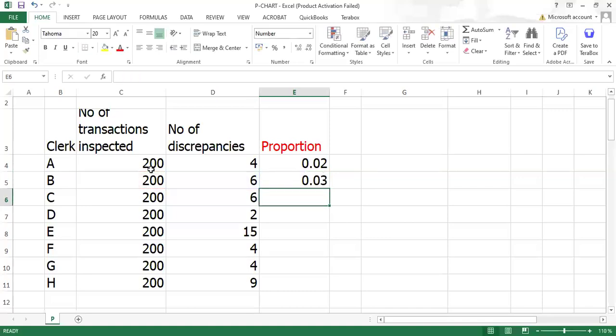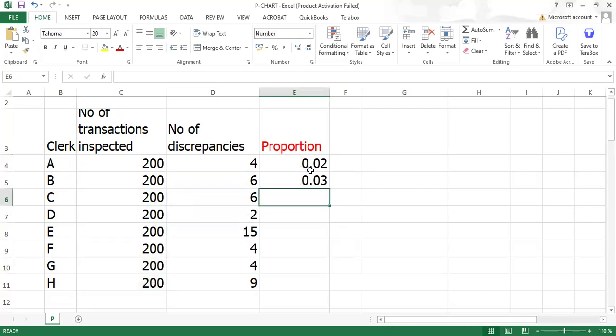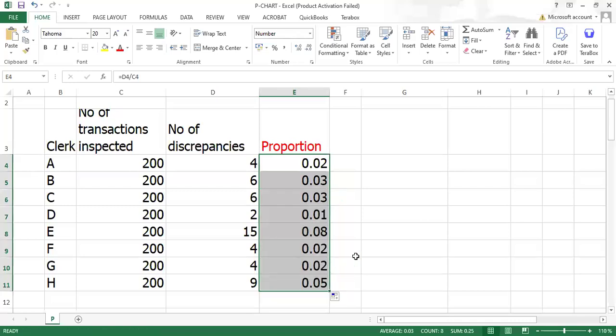It's not a must that you will always have the same number of transactions inspected. For A you can have 200 and for B you may have inspected 300 or 100. So don't cram that it will always be the same number; they can be different. So you do the same for all: the number of discrepancies divided by the number of transactions inspected.